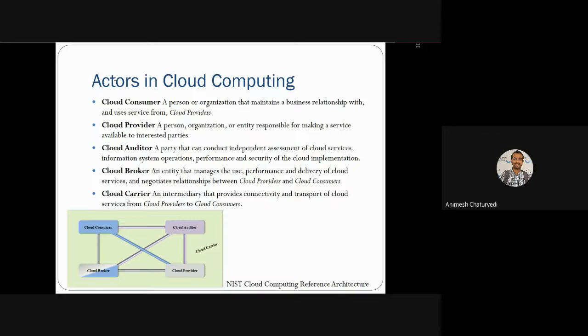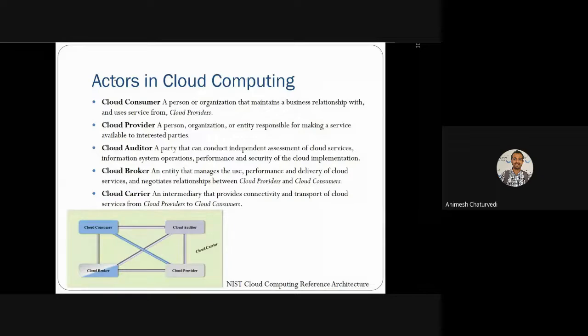Cloud actors. What are these cloud actors? Like cloud consumer, cloud provider, cloud auditor, cloud broker, and cloud carrier. We have discussed some part of them. Cloud provider is the organization, person, or business company which actually maintains a business with the user.